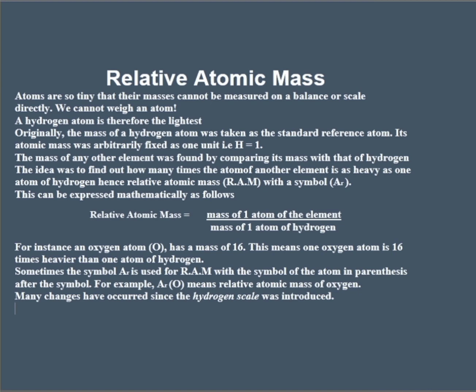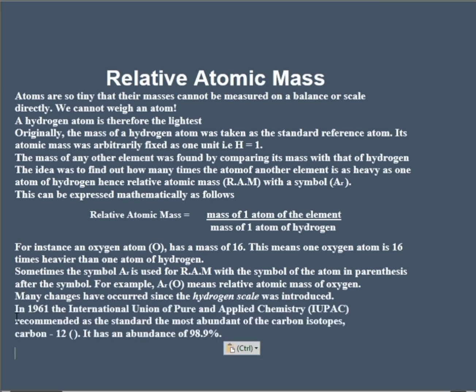Now in 1961, the International Union of Pure and Applied Chemistry, that's IUPAC, recommended as the standard the most abundant of the carbon isotopes, carbon 12.